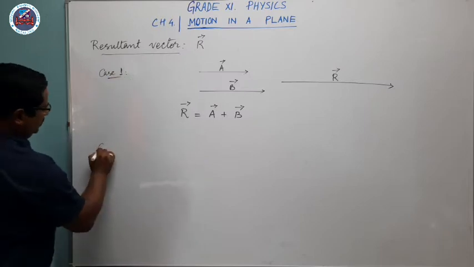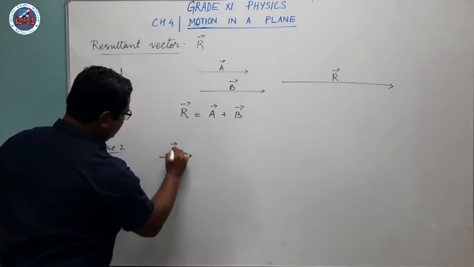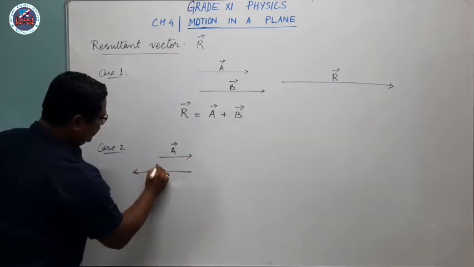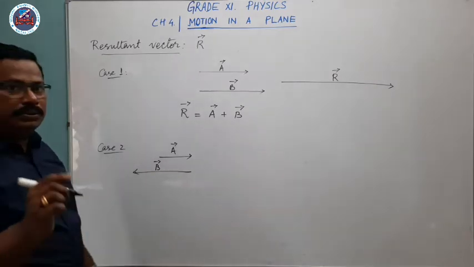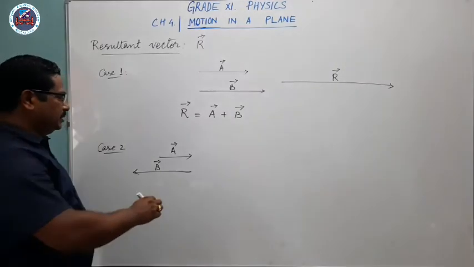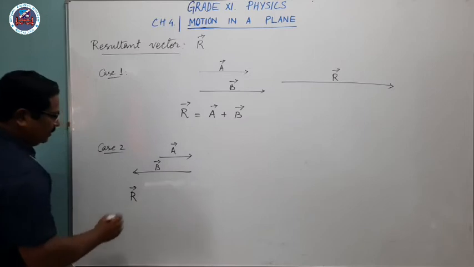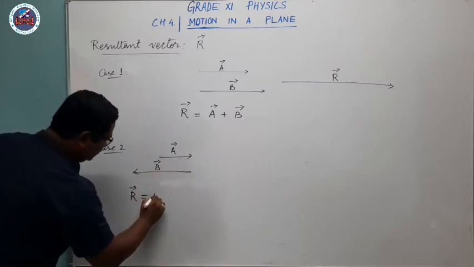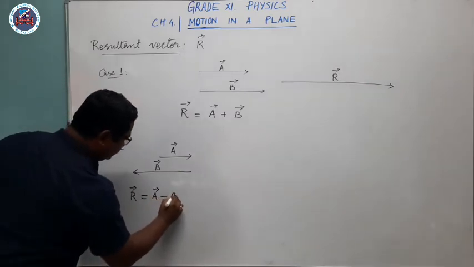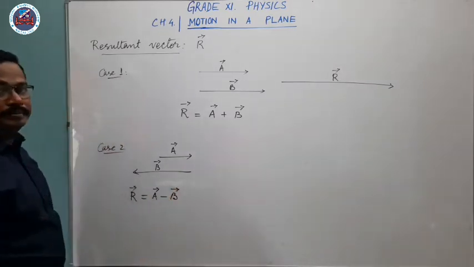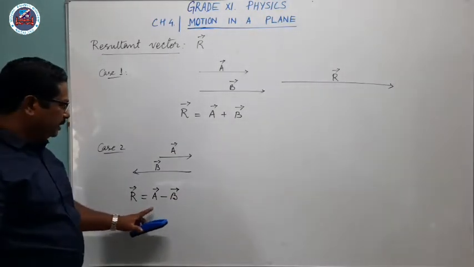But case 2: if you get two vectors like this, one pointing towards the right, one pointing towards the left. This is representing vector B. Now you want to find the resultant of both the vectors. Then R will be written as A, positive side, we'll take it as A, but B is on the other side, so we'll take it as minus B. Like this it will come, A minus B, and this will be the resultant.